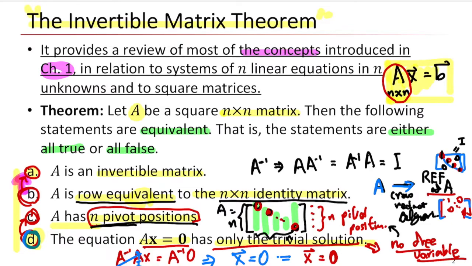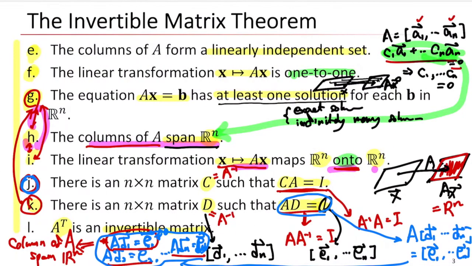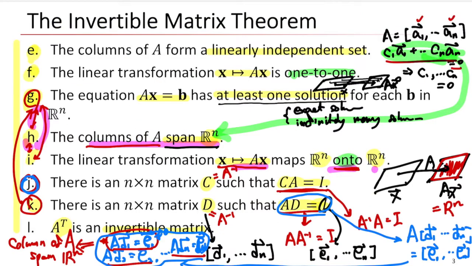If Ax equals 0 has only the trivial solution, then to understand this, we need to go back to lecture 4.1, okay?